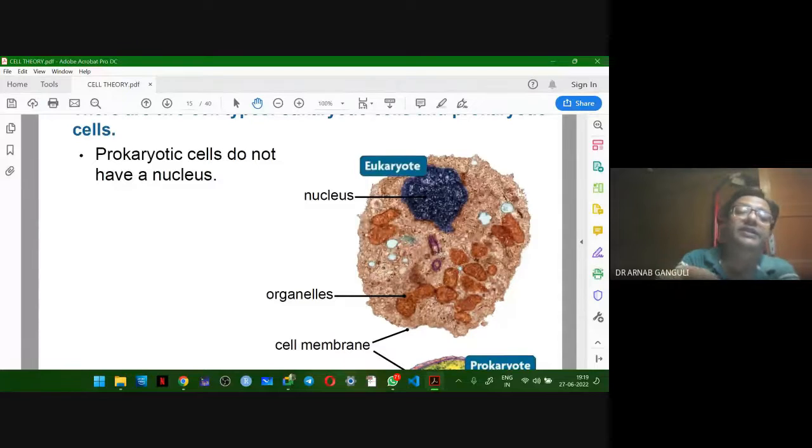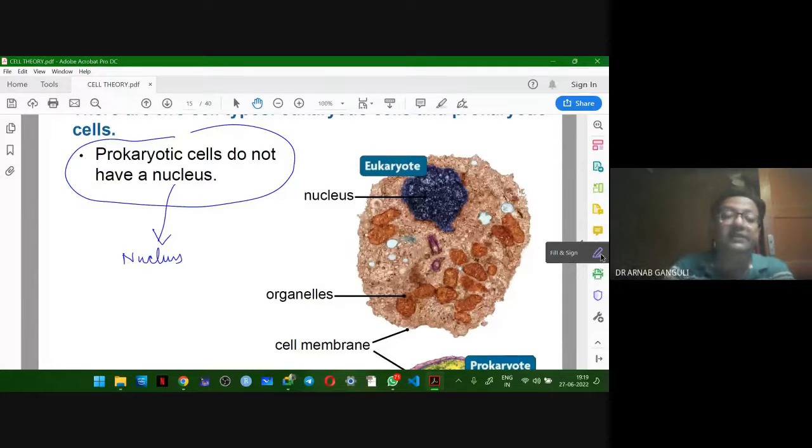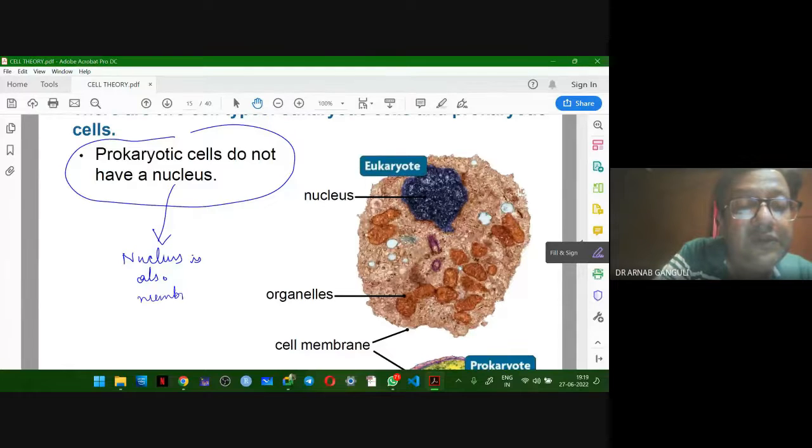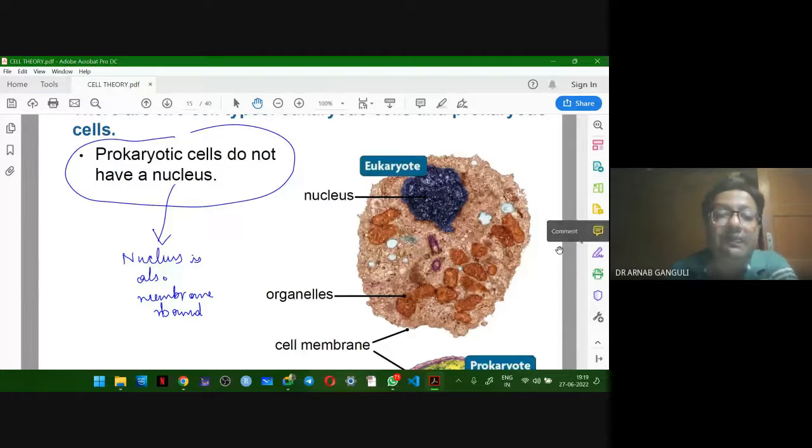Prokaryotic cells do not have a nucleus. A nucleus is also a membrane-bound organelle.